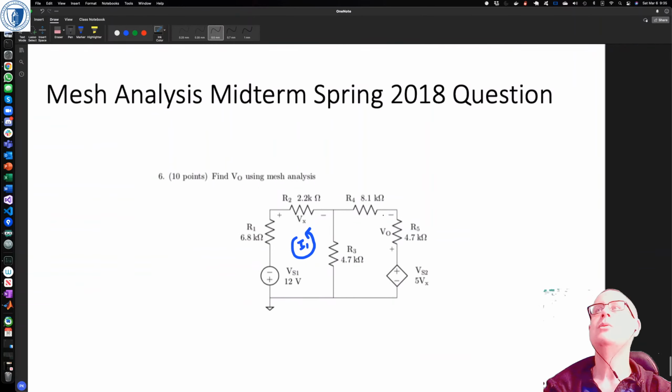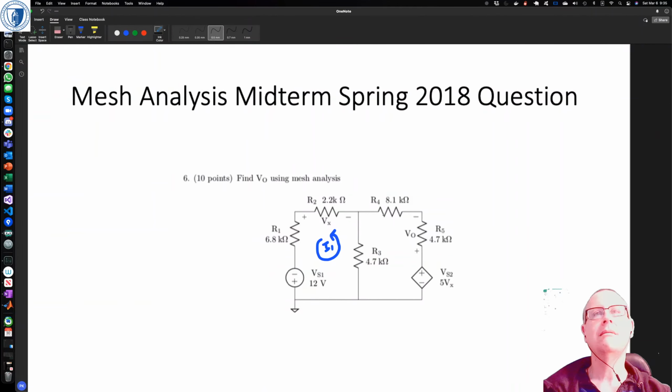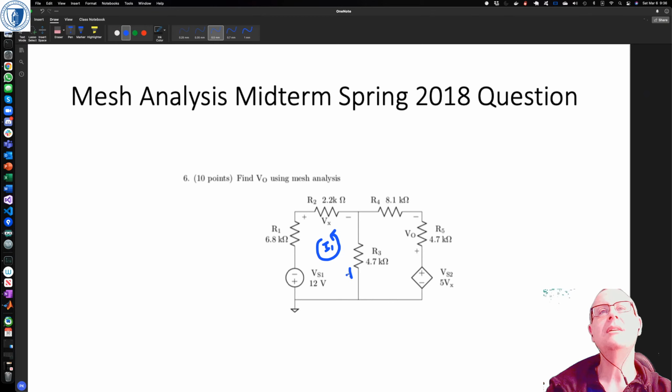Okay, so let's try it again, but this time we'll make VR2 the opposite polarity of Vx. I've chosen my mesh current here, so we've got a plus, a minus, and now VR2 has got to be that way to satisfy the passive sign convention.